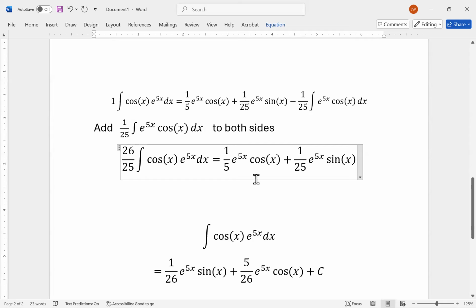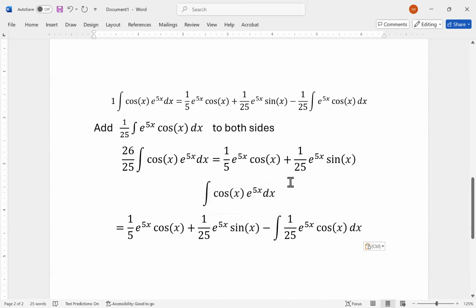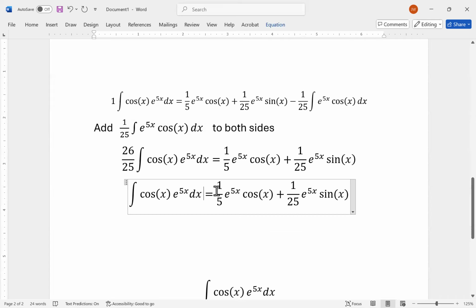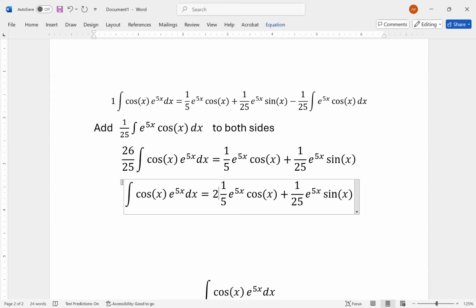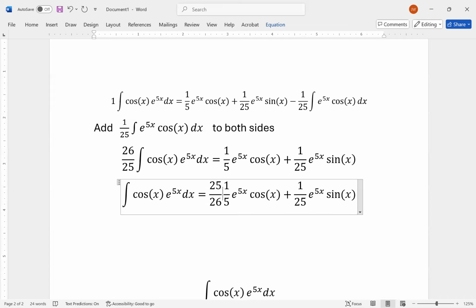So I'd multiply both sides by 25 over 26. And if I multiplied this first equation by 25 over 26, you'll notice that 25 times 1 will give you 25.